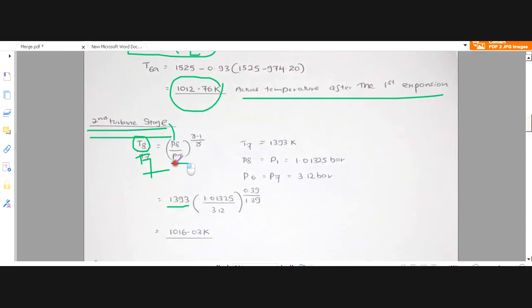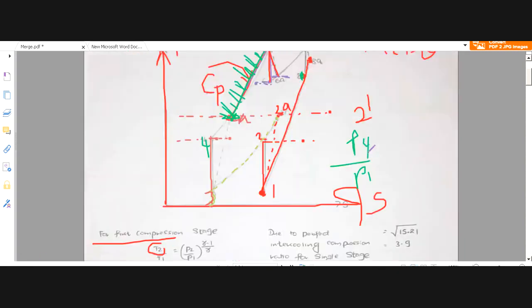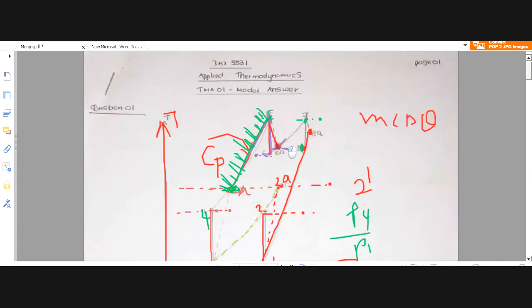What is P7? That's a very good point. P7 is the input pressure to the second turbine. So the input pressure to the second turbine is the same as the final pressure of the first turbine, because starting from the final point of the first expansion it is heated. I will explain that again if it is not clear. Starting from the final point of the first turbine process, it is heated.